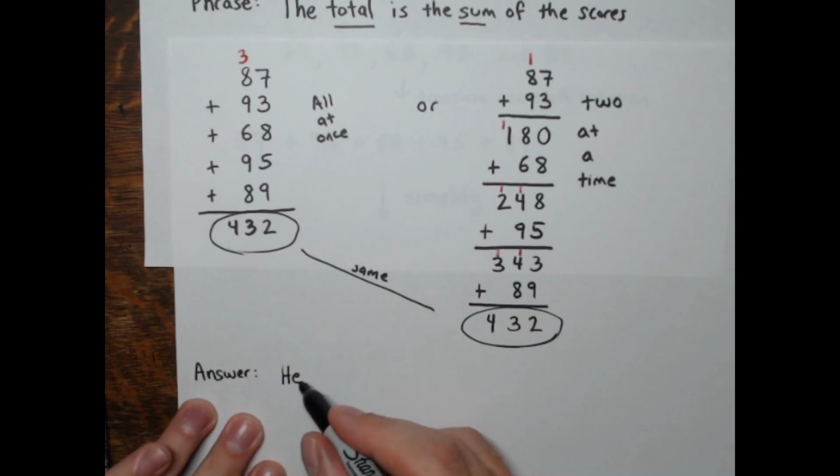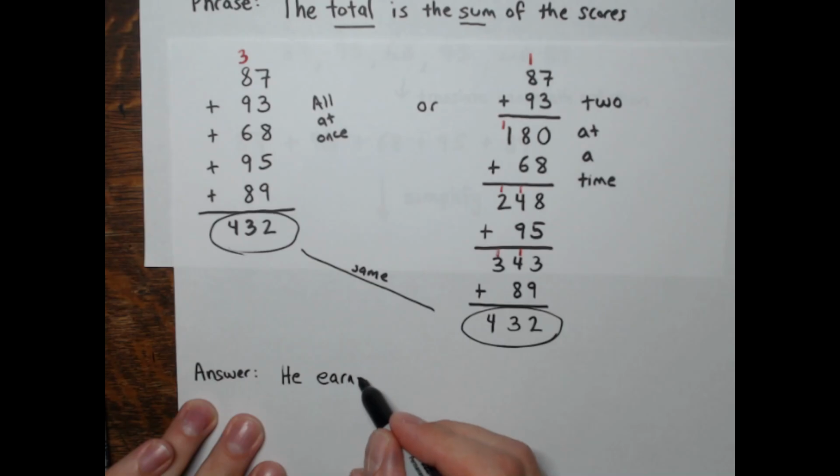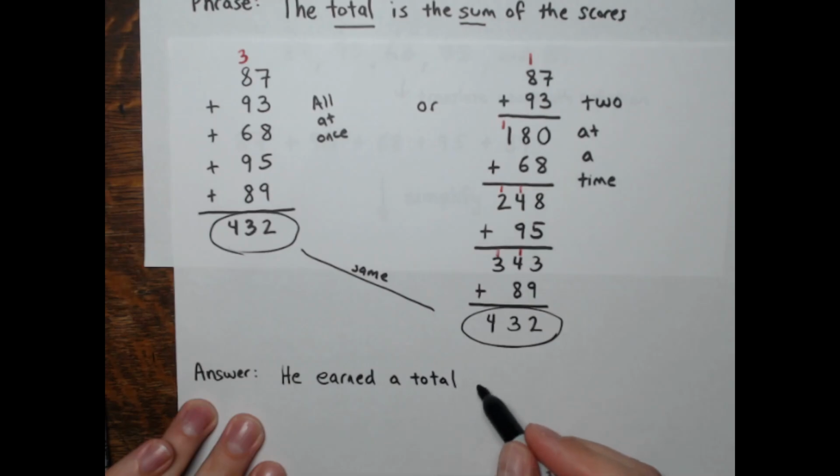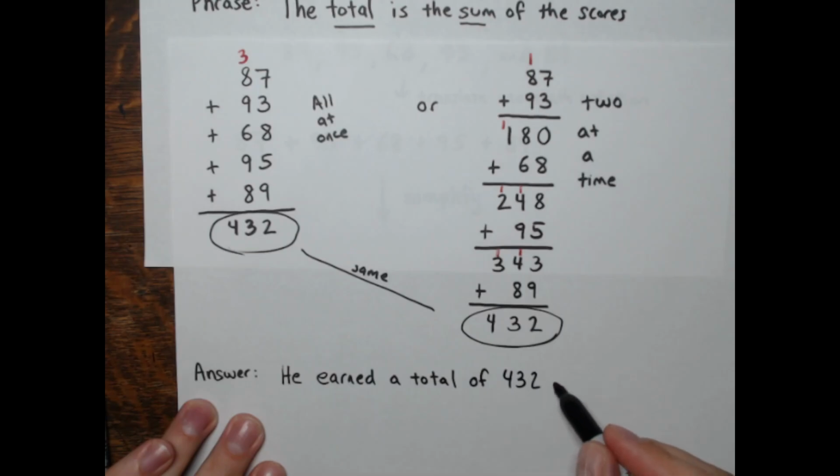You could put his name, and they did say he, right? So he earned a total of 432 points on the 5 tests.